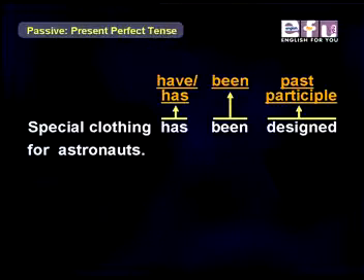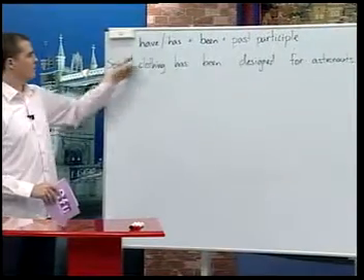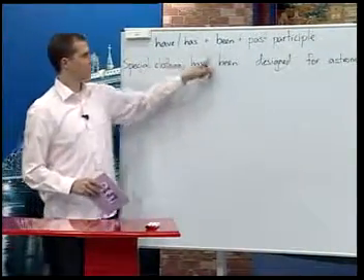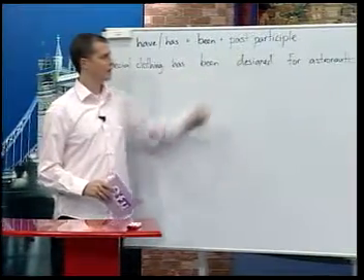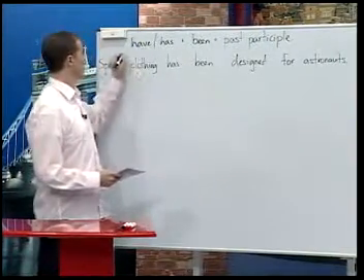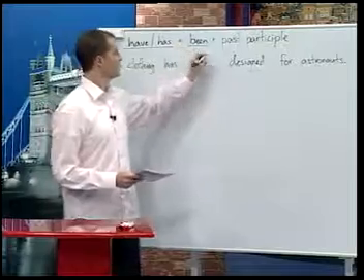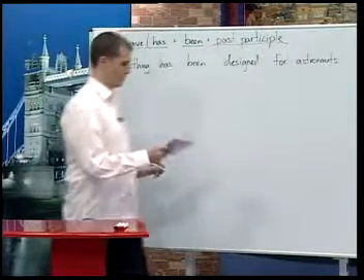Now that has been designed for astronauts. Special clothing has been designed for astronauts. Have and has been, past participle.